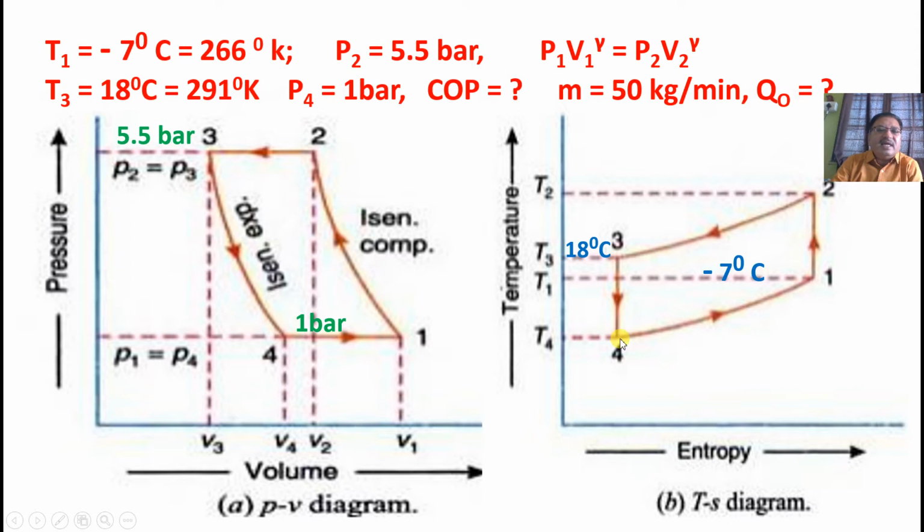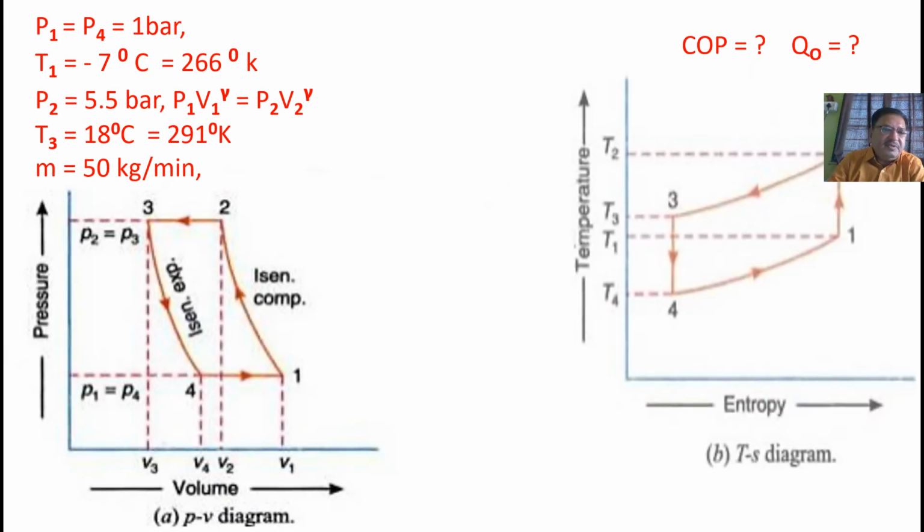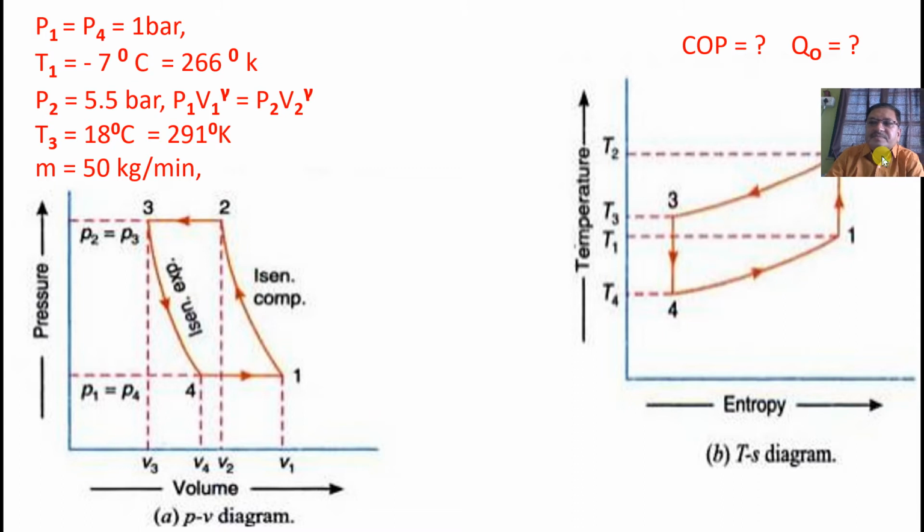I have just written down the given things. You have to find the COP and the refrigerating capacity Q0. So let us go ahead, this is the PV diagram and the TS diagram.